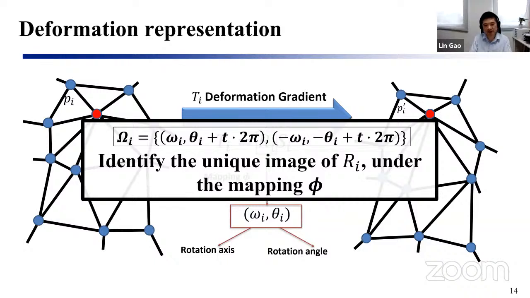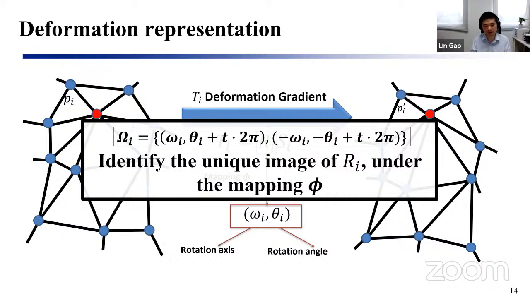The task is to identify the unique image of the rotation matrix. So this is the key idea for this deformation representation: to identify the unique image of the rotation angle and the rotation axis. This is suitable for very large scale deformation.